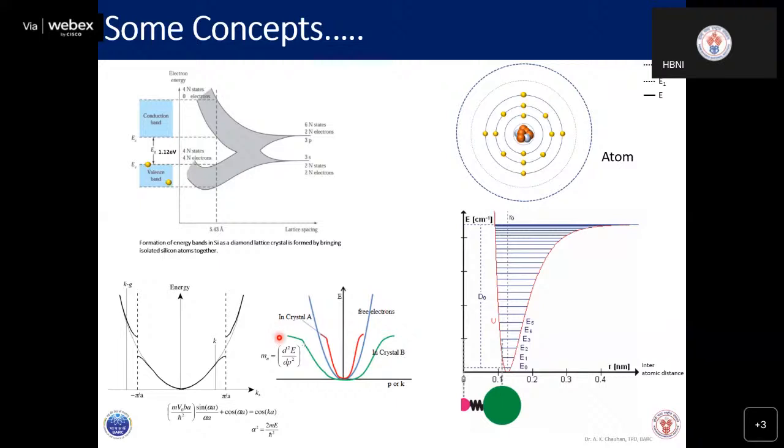If you double differentiate it and take the reciprocal, it gives you the effective mass. Effective mass is a concept introduced to explain the movement of the electron under this periodic potential.